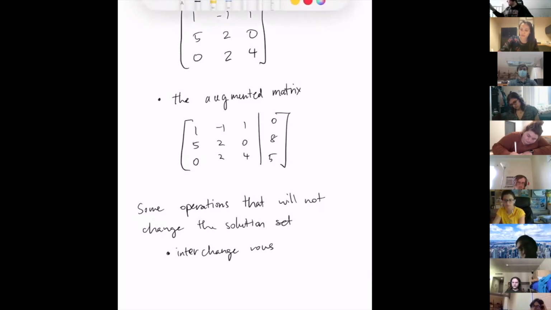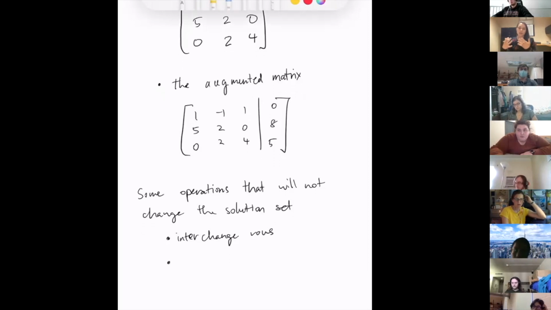Another thing that we can do, which you may know as a technique for solving systems of equations, is we can add two equations together, right? And that doesn't change the solution set. We can even take one of those equations, multiply it by a constant, and then add it to another one. In the context of matrices, you don't want to delete a row from your matrix. You want to always have the same number of rows.